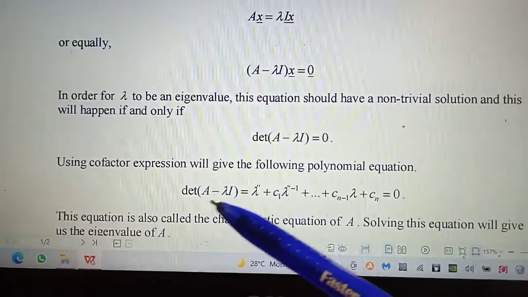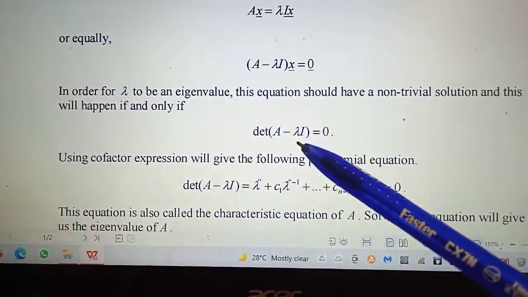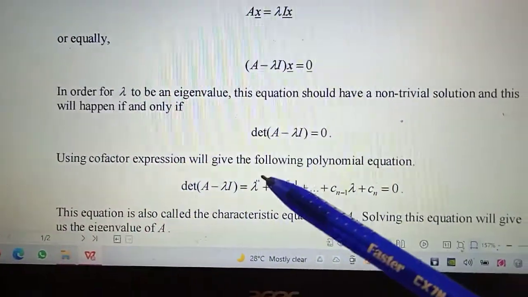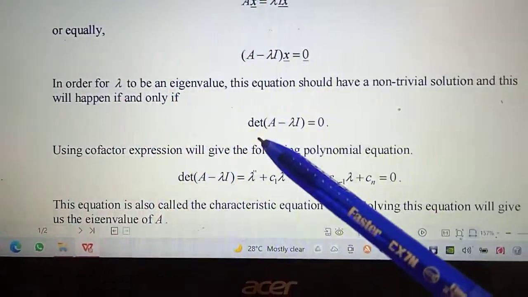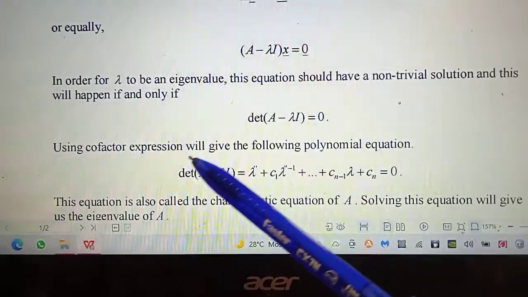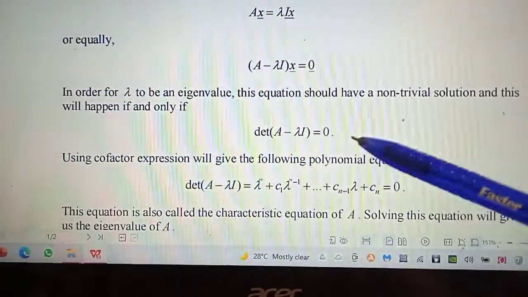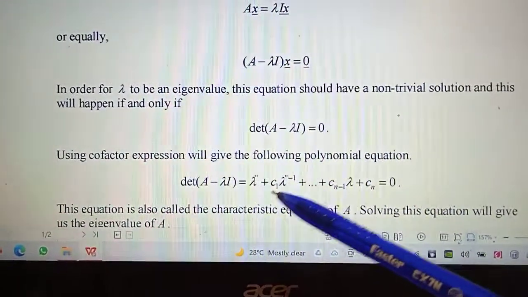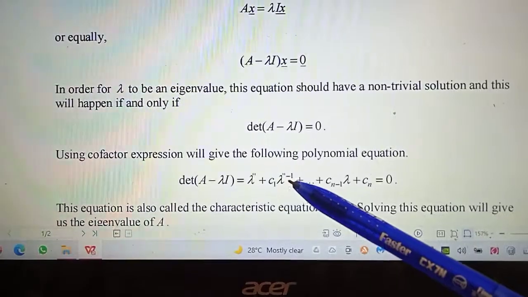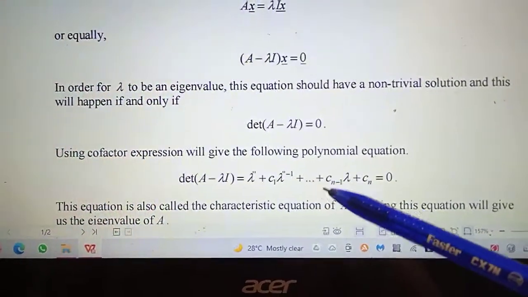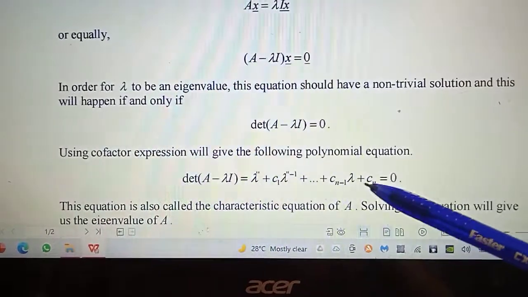So using the cofactor expression for the determinant, remember to solve the determinant by using cofactor expressions. In the formula of the determinant, we are able to get the equation lambda power n plus C1 lambda power n minus 1 plus, until Cn minus 1 lambda power 1 plus Cn.